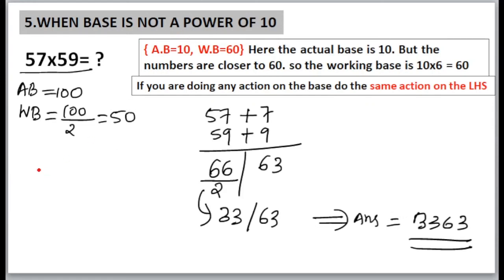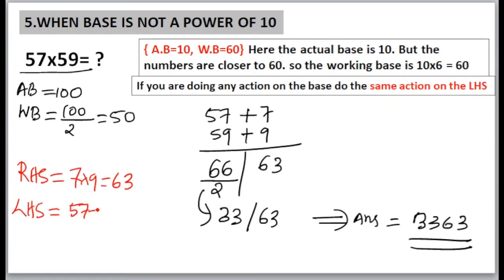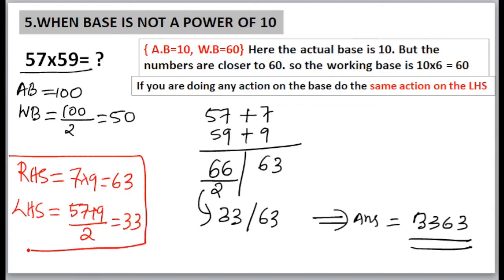RHS is equal to 7 into 9 is equal to 63, and LHS is equal to 57 plus 9 divided by 2 is equal to 33. Here your base is 100 and it has 2 zeros, and your RHS has 2 digits. I forgot to say that, but it is the same.